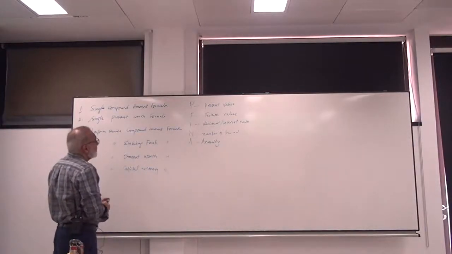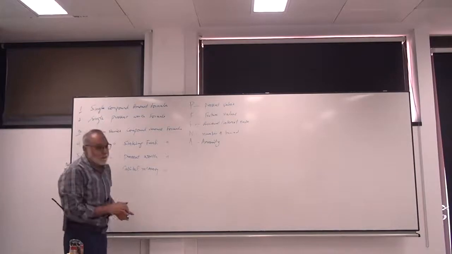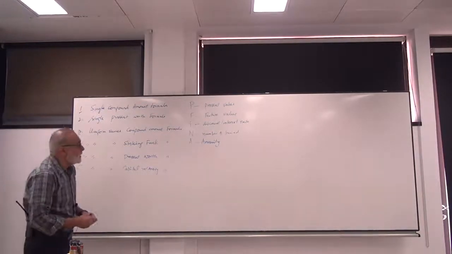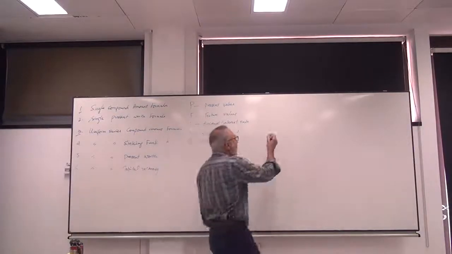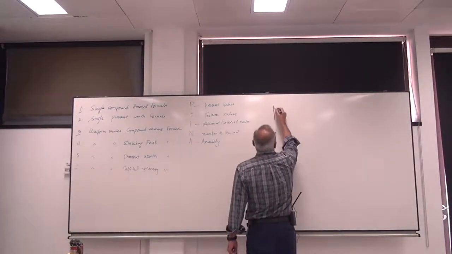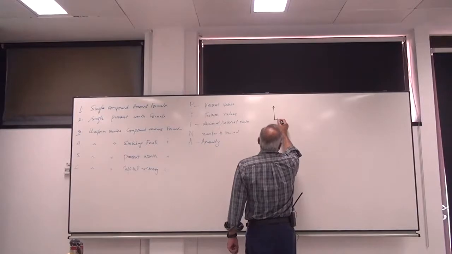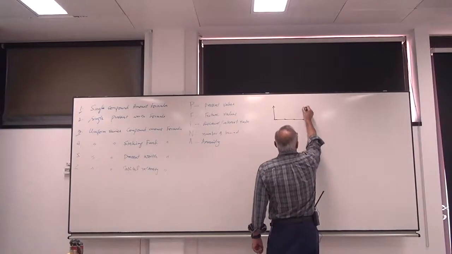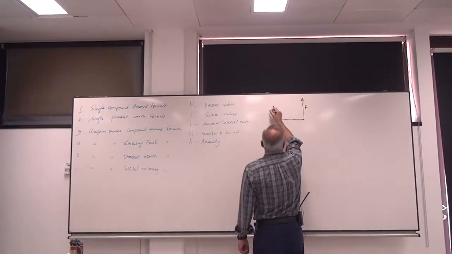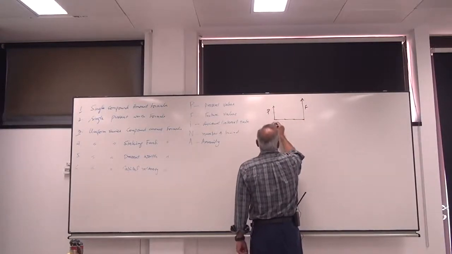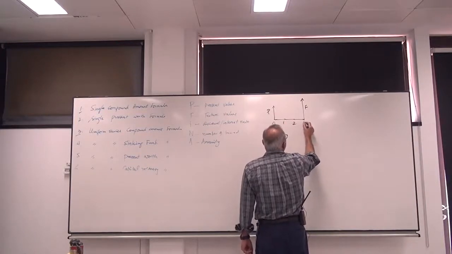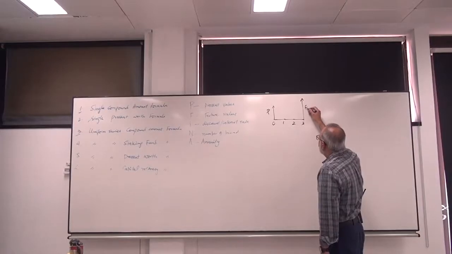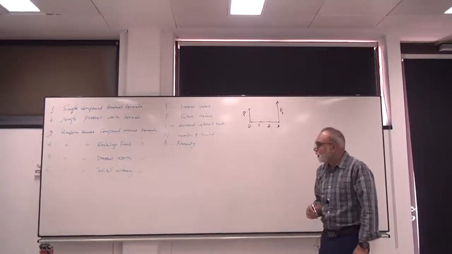So let's see these formulas. The single compound amount formula is that if you have a present value, and let's say these are some periods here, and this is the F value and this is the present value, at time 0, time 1, 2 and 3, and you want to see what is the value after 3 years.